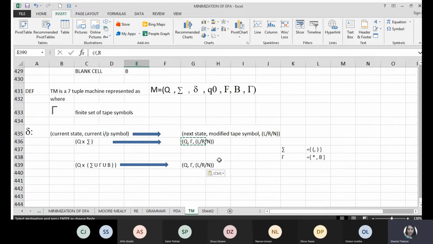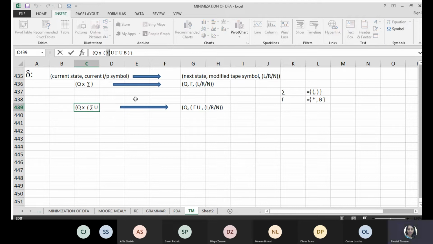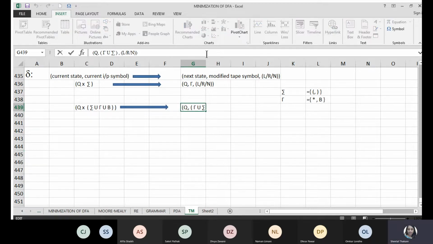So here also you can modify it, gamma as gamma union sigma, and later modifications.